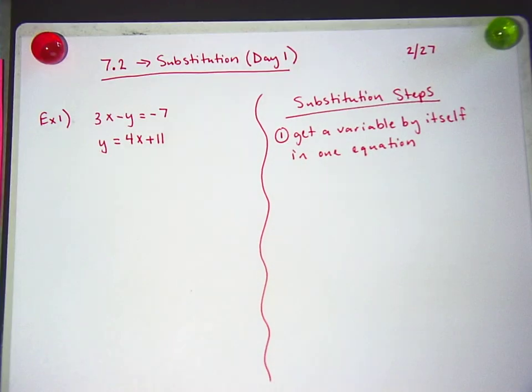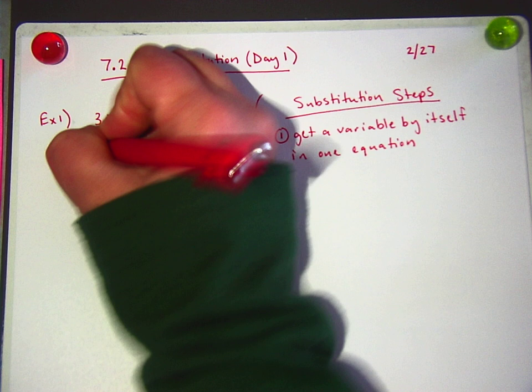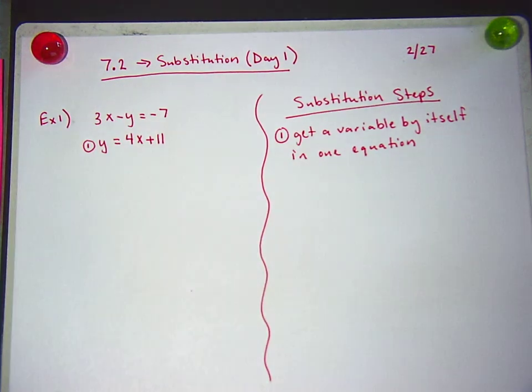Do you see how this one down here already has y equals 4x plus 11? So that one's already set up. You don't have to solve for anything. One is already good to go.